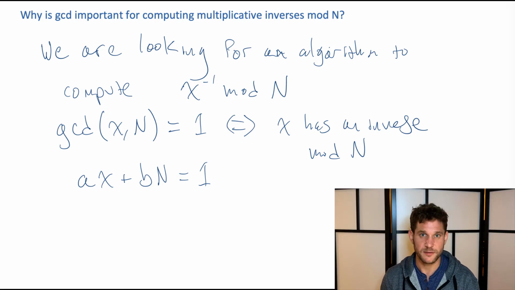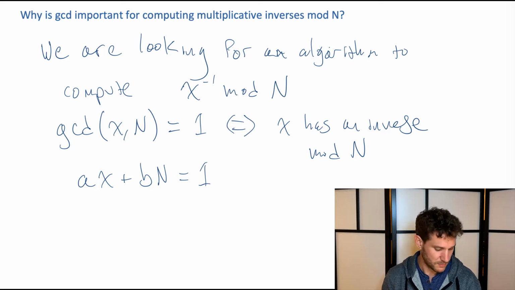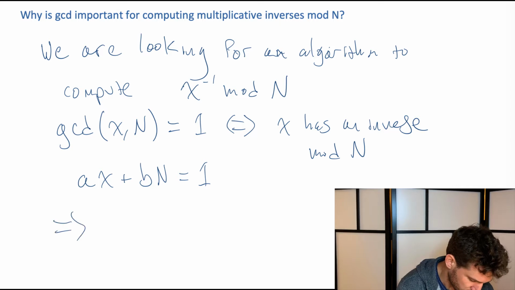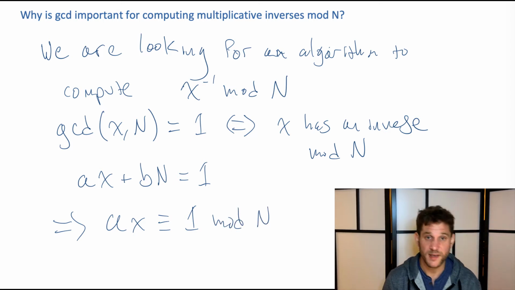If that's the case, then what can we conclude? If we can write the greatest common divisor, which is 1, of x and n, as ax plus bn, then you'll notice that, therefore, ax is congruent to 1 mod n. Why is that true?